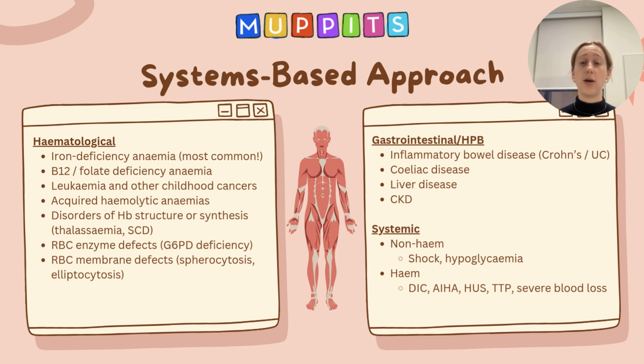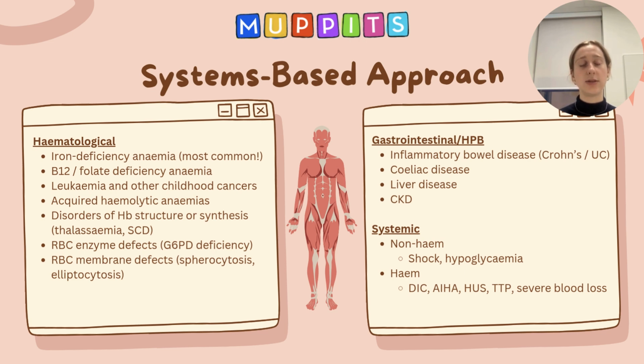Malignancy is also really important to consider. So leukemia, for example, because of that reduced production of all blood cell lines. Disorders of hemoglobin structure and synthesis, so thalassemia and sickle cell disease. Then we have our red blood cell enzyme defects and our red blood cell membrane defects as well.